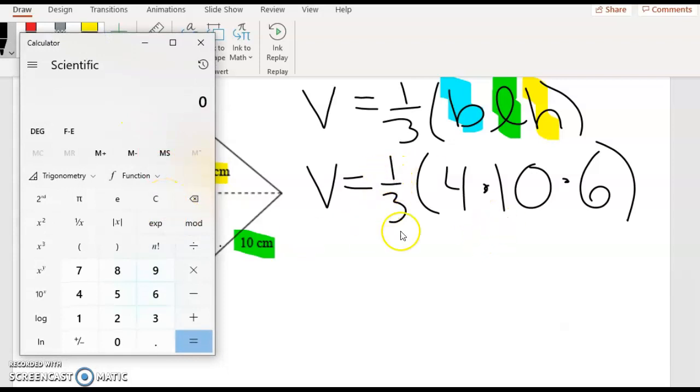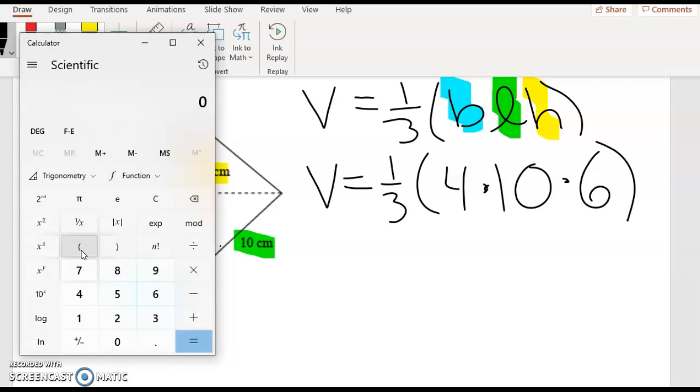Remember, when we're utilizing this fraction right here, you have to use your parentheses. Being able to input this into your calculator is what's going to make you very, very proficient in this. It's going to make you confident in what you're getting. If you don't use your parentheses, it doesn't work out. A lot of times the calculators can't read our minds, so we have to make sure we input the proper information in.